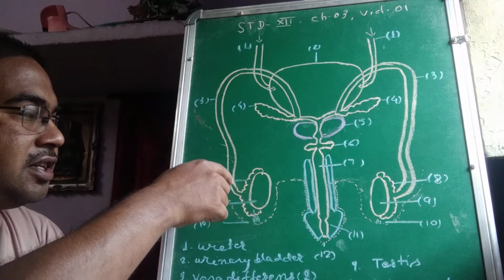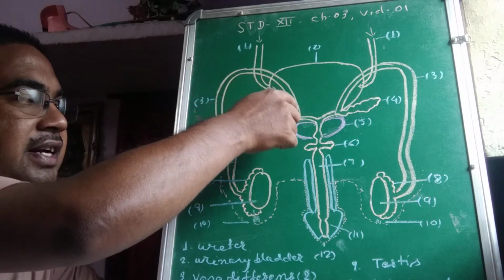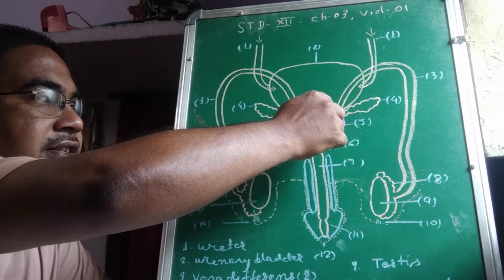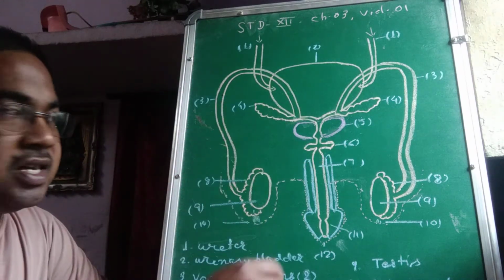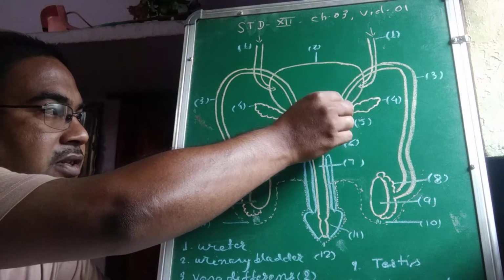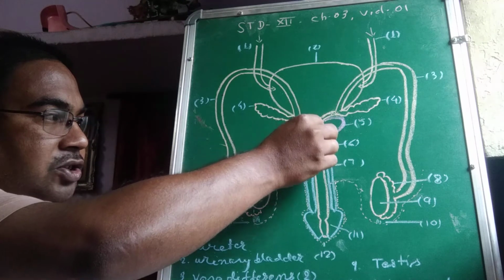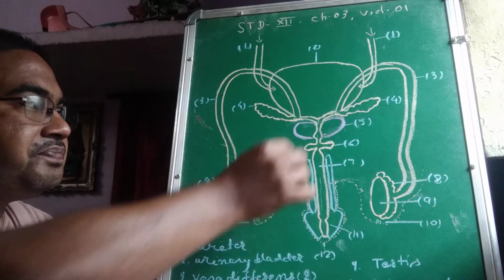Now this sperm will pass through the vas deferens, and from both sides, from both testes, the sperms are collected in this area. Here both the vas deferens are joined, and they pass through this urethral pathway.